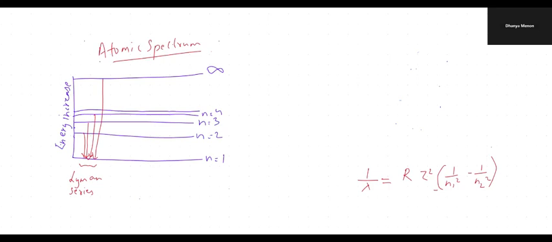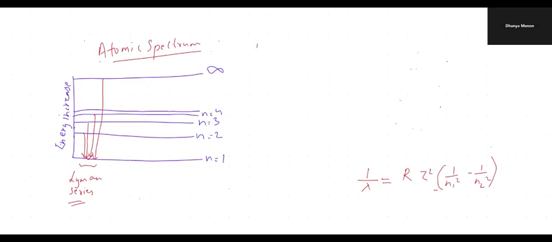So students, when the electron is moving from infinity to n1, n2 to n1, n3 to n1, n4 to n1, from higher energy level to n1, the wave is called the Lyman wave and the series formed is called the Lyman series.